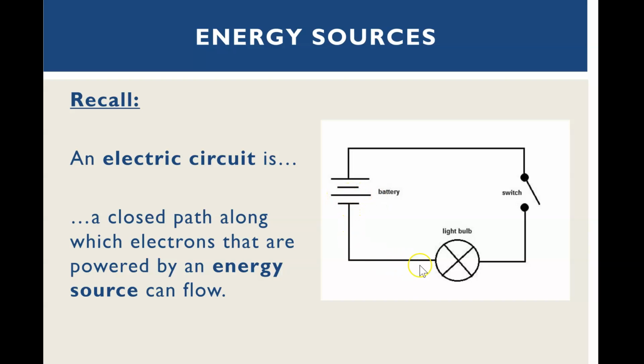So the electrons, as they go around the circuit, are attracted to those positive charges on the other end of the battery. And a potential difference is created, and it's that potential difference, which is also known as voltage, that creates this ability to do work.